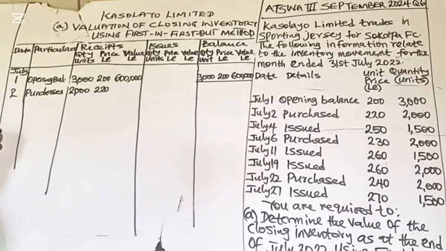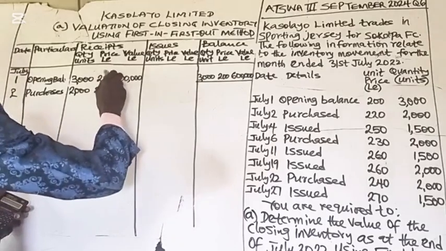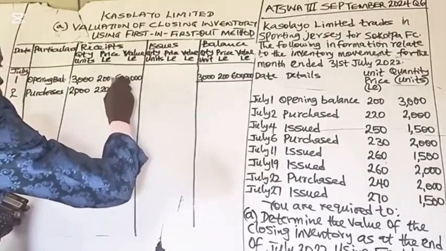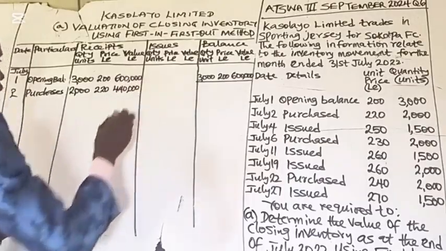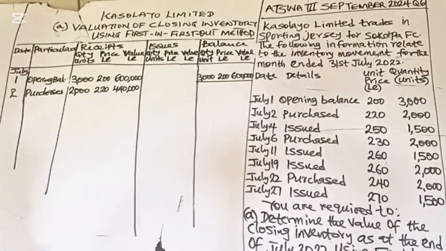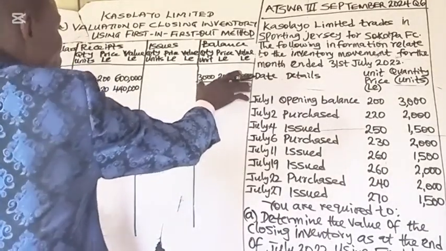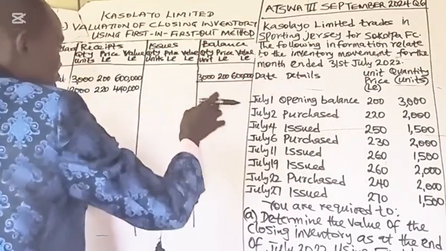So 2,000 times 220, that gives us 440,000. Then you move to the balance column. Remember, this was in existence, so it will be brought down.